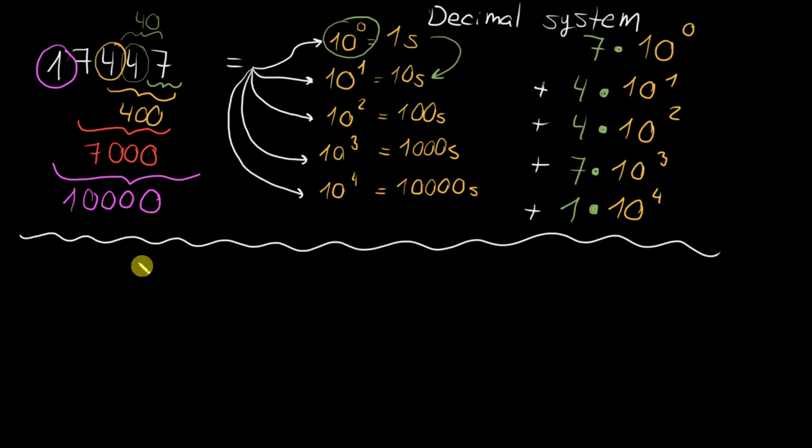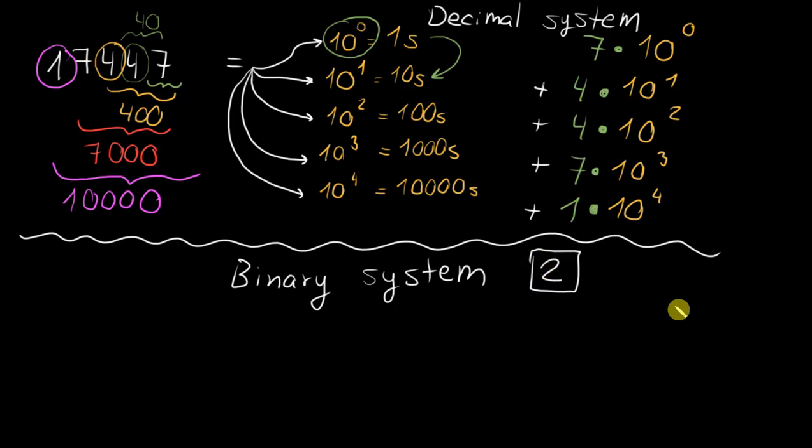Now, what does binary mean? So let's look at the binary system. The idea is very similar, but the difference is that we now work not with tens, but with the number 2. 2 is a very special number because computers use either zeros or ones.